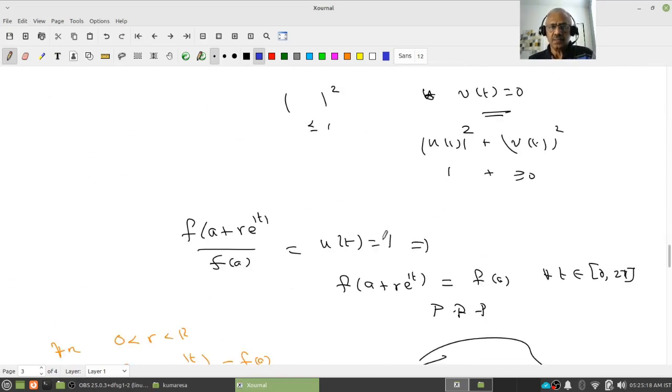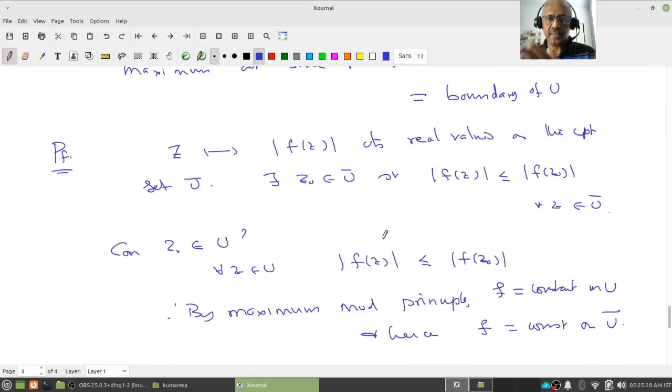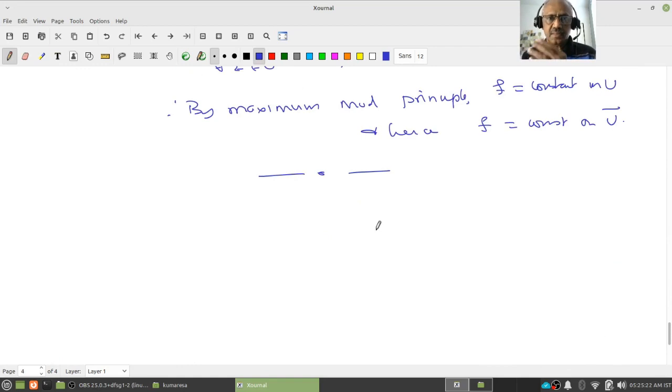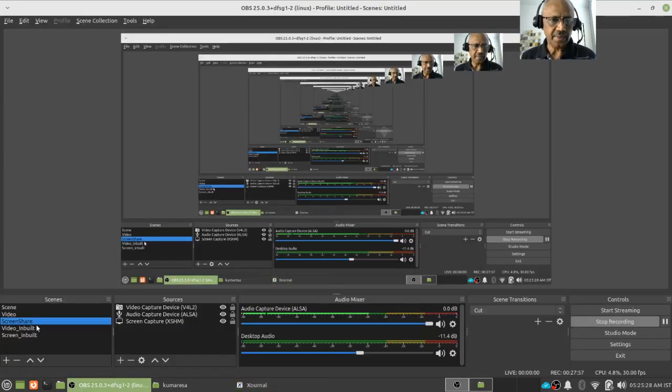We will derive from this another version, what is called the minimum modulus principle. But meanwhile, we have proved the maximum modulus principle. The natural question is: is there an analogue for the minimum modulus principle? Naively, what should I expect?